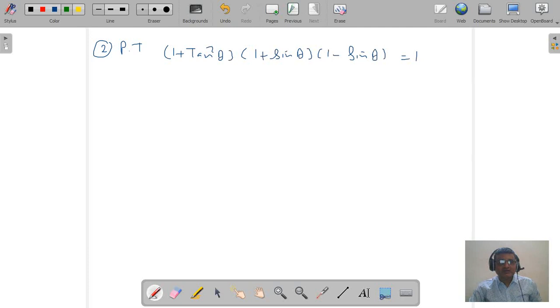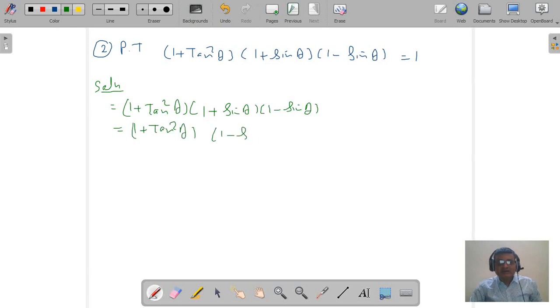Now the solution. 1 plus tan square theta into 1 plus sine theta into 1 minus sine theta. So this is equal to 1 plus tan square theta, and this is 1 minus sine square theta.